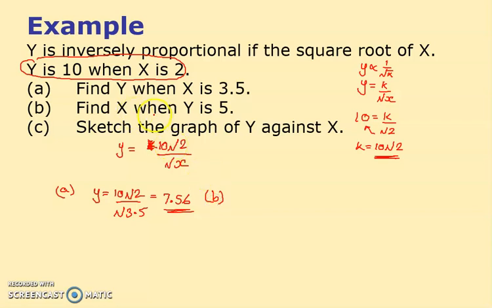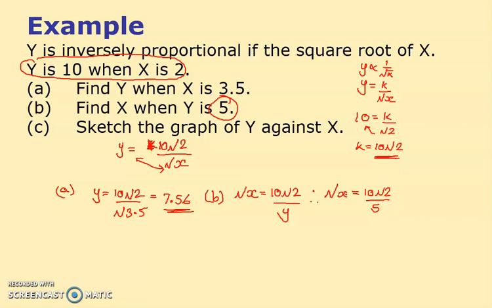B, what's it say? Find x when y is 5. So it's again, you just move that over. So if I move that there, and the y is going to switch back again, I'm going to write root x equals 10 root 2 over y. So what's it say y is? Y is 5. So root x is 10 root 2 over 5. Let's work that out. It's not 10 divided by 2, it's 10 times by root 2.